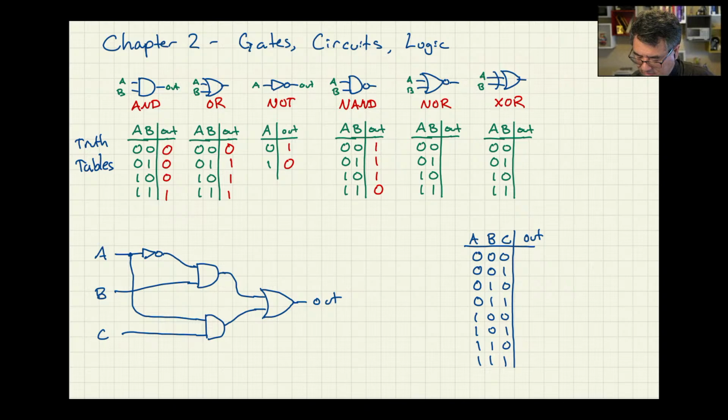It takes the output of the OR and negates it. And then exclusive OR means the output is a 1 if either input is a 1 but not both. So if one is a 1 or the other one is a 1 but not both, then the output is a 1. So we get 0, 1, 1, 0.